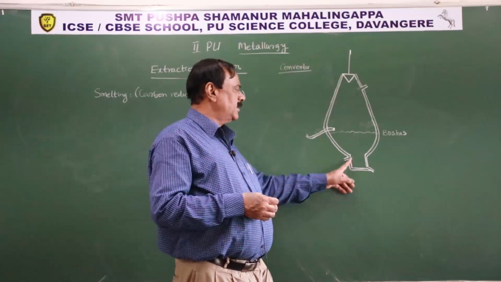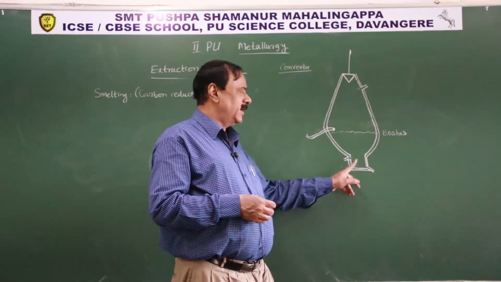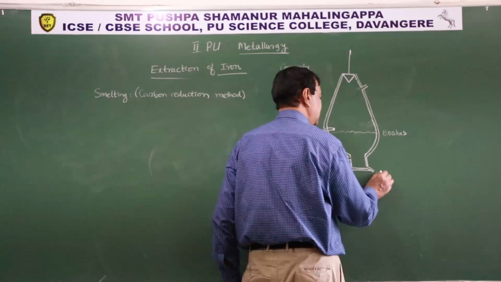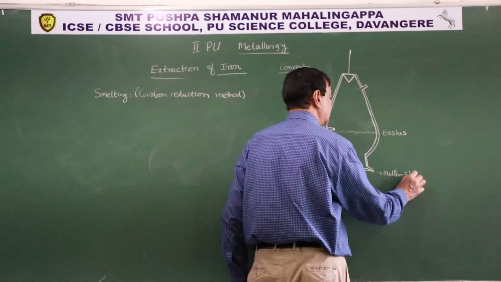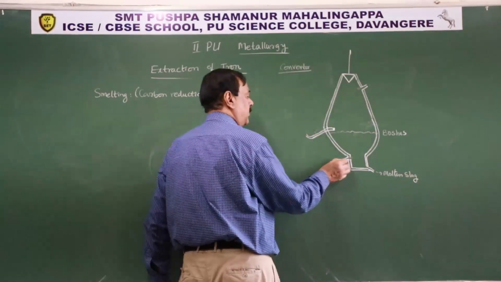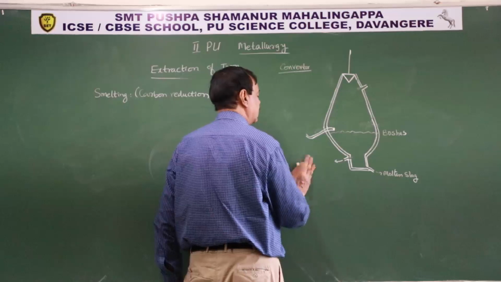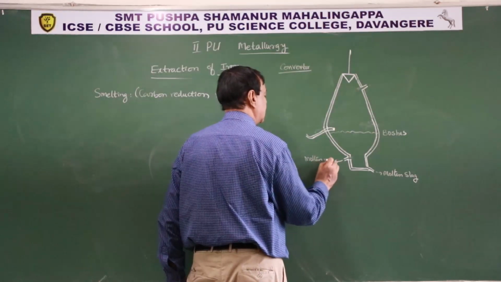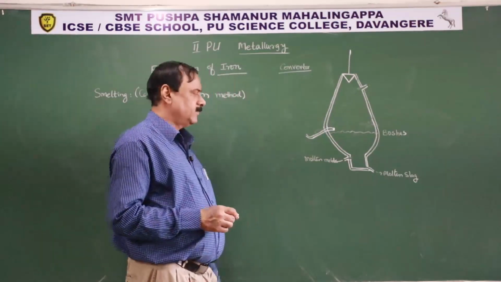It is provided with two exit holes, one for molten metal and one for molten slag. This is for molten slag. The upper one is molten metal.